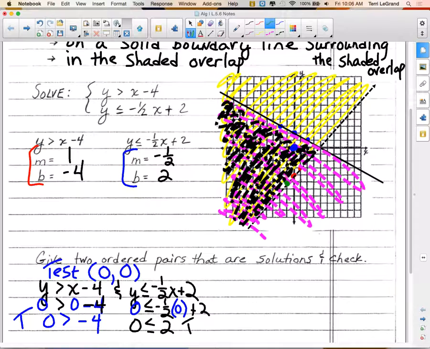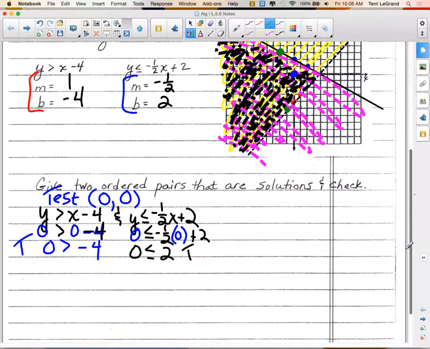0, 2. Riley? Negative 2, 2. Negative 2, 3. Okay, negative 2, that would be this one right here. Okay, so it's on a solid boundary line that is surrounding the shaded region, so it should test true. So let's test that one.